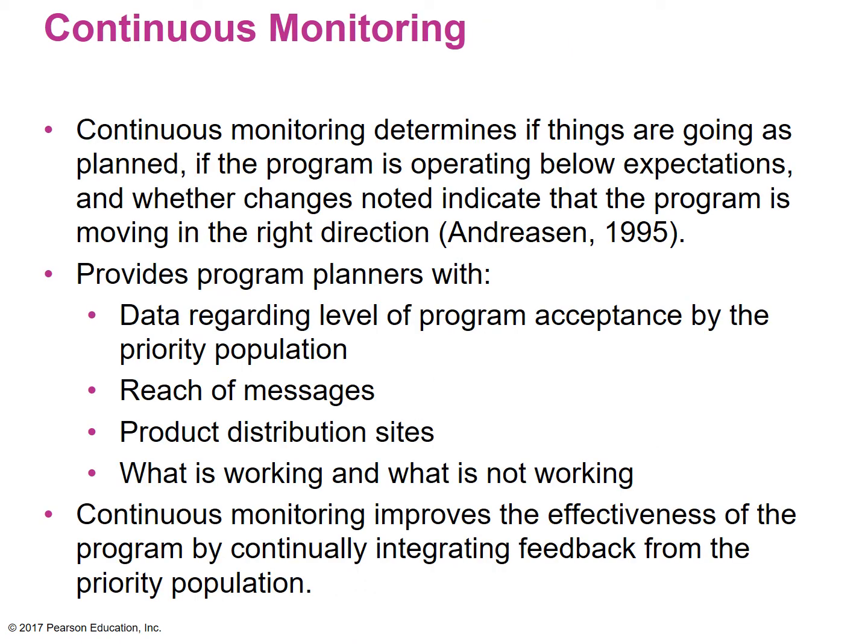Continuous monitoring. This is something that should be part of every aspect of your evaluation approach. What this means is during implementation of your program, you are collecting data, evaluating that data, and making program decisions for revision or changes based on those results. So in terms of your marketing, we can apply the same principles. When we decide on marketing aspects, there's an expectation.